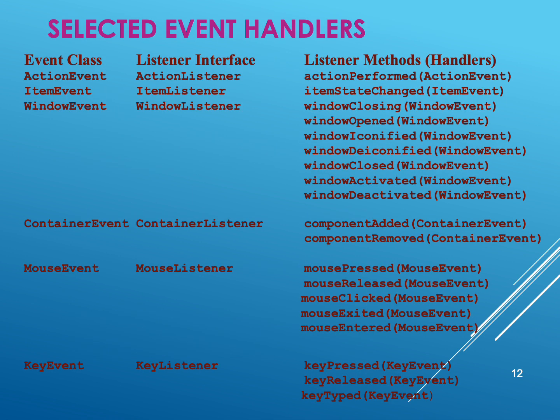This slide shows the selected event handlers. For example, in MouseEvent, the listener interface is MouseListener. The listener methods available are mousePressed, mouseReleased, mouseClicked, mouseExited, and mouseEntered. All of these methods need to be overridden.